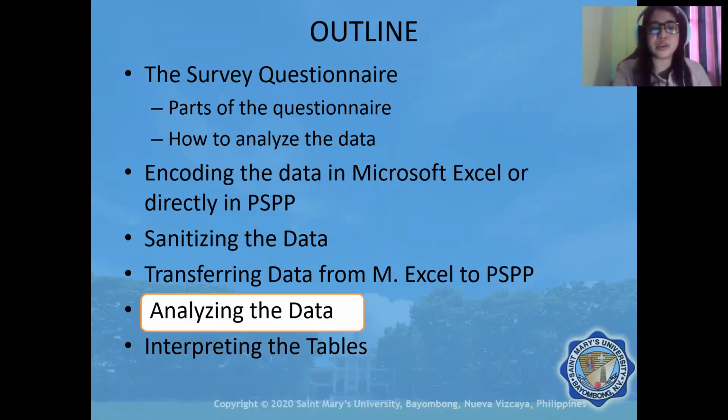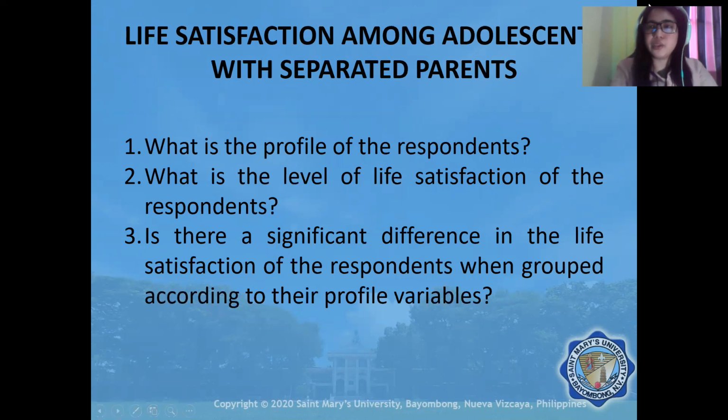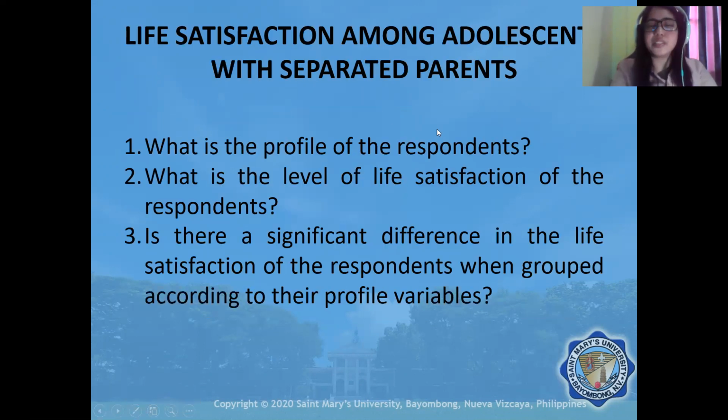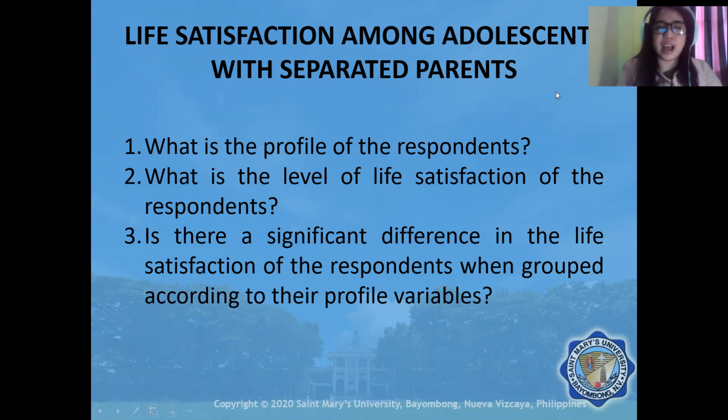But for this video, our focus is only to analyze the data. In doing this, we have to go back to the research questions. What are the questions that need to be addressed, why we use the life satisfaction questionnaire.